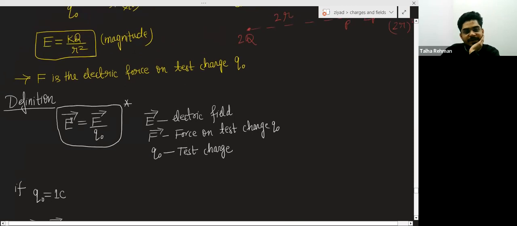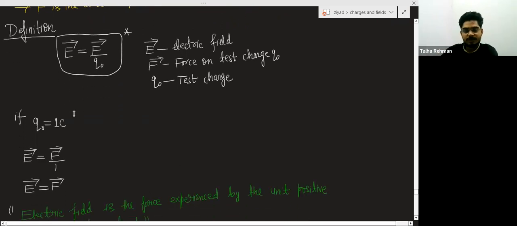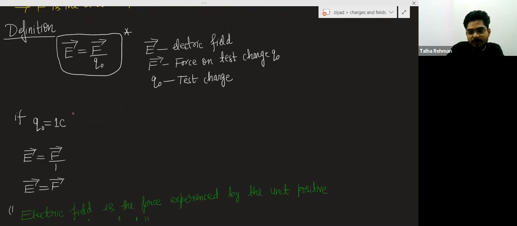In vector form, you can write the electric field strength at any point. Okay, let me tell you once again. This is very easy. Suppose this is a charge, and at this point, at a distance R, you want to find the electric field strength.